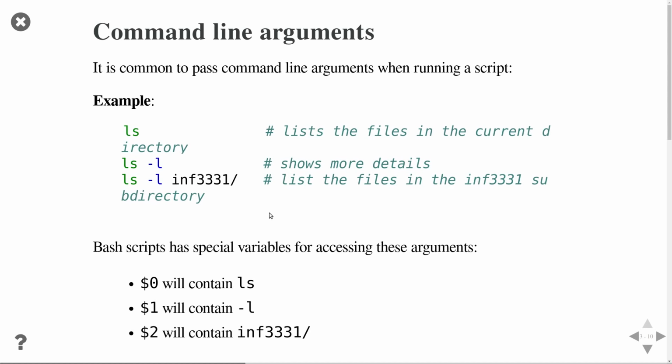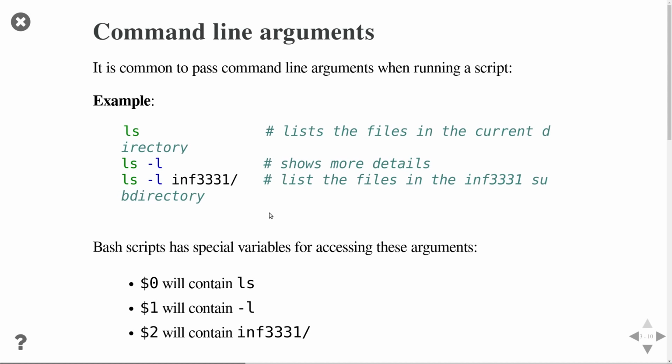The way you do this is that bash will give you special variables that you can query. And for the command line arguments, these special variables are the dollar and then a number, and the number represents the position of the command line argument.